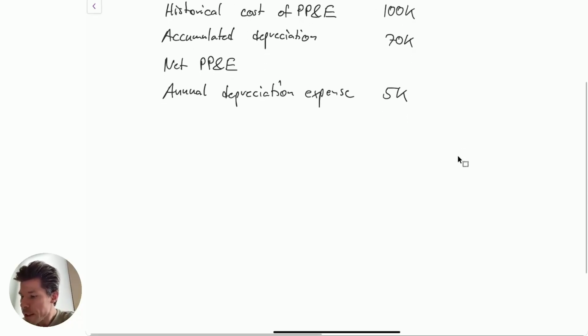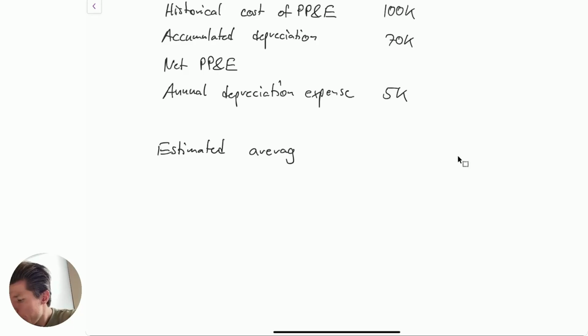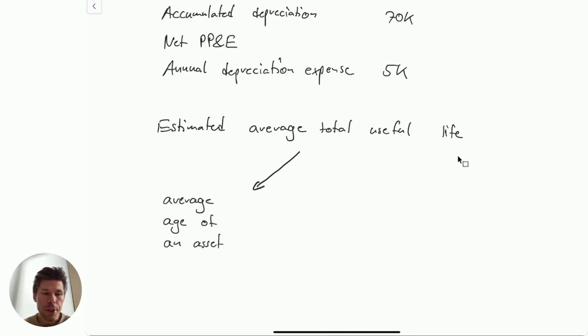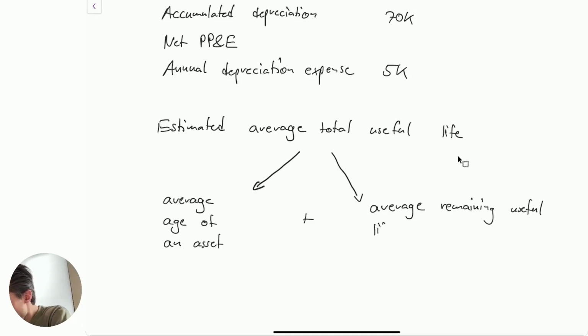Good, let's get started. First, the estimated average total useful life of an asset base, or an asset if you don't have the data, is first the average age of an asset, and here again I use the word asset or asset base because we're using consolidated numbers, it doesn't really matter, plus the average remaining useful life of assets or an asset.